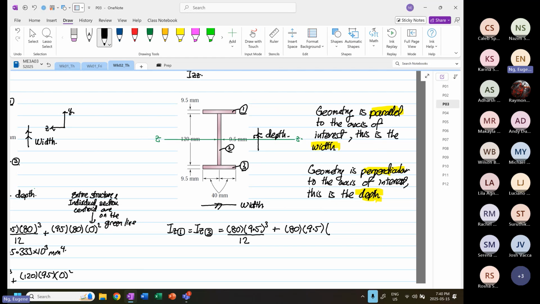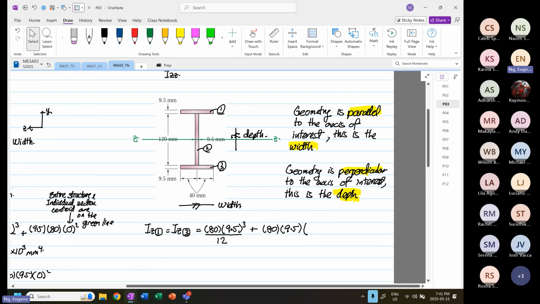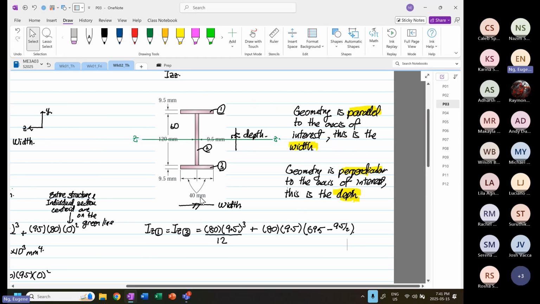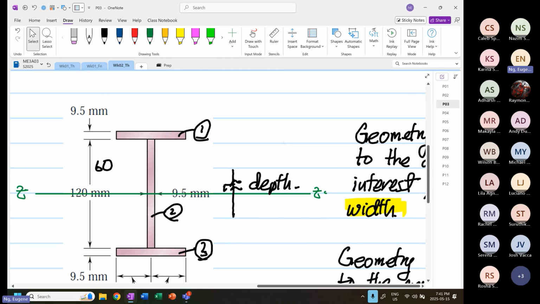And then now we have to determine our global centroid. Based on observation, this is 60 and that's 9.5, so it's equal to 69.5, and then minus 9.5 divided by 2. Why 9.5 divided by 2? Because now I'm going to zoom it in.